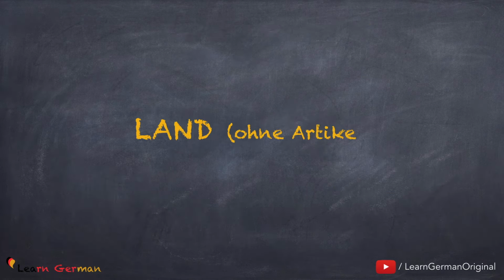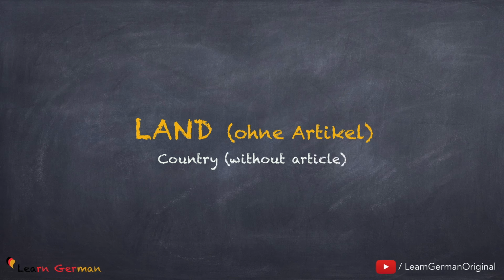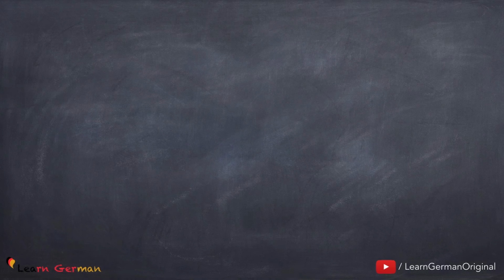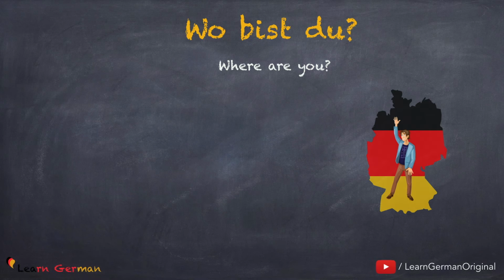The next one is Land ohne Artikel. Well, some countries have articles and some don't. You can go through our video on countries and languages to revise these countries. The link is given below in the description. Wo bist du?